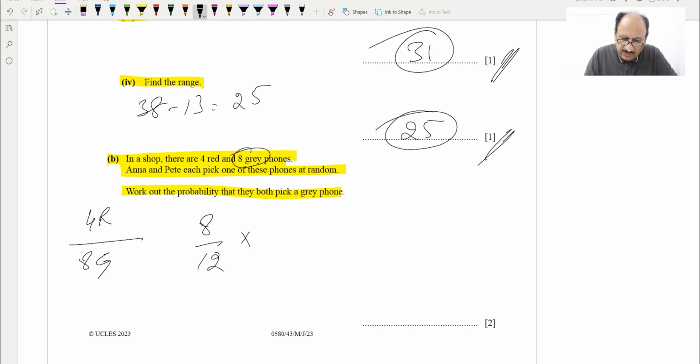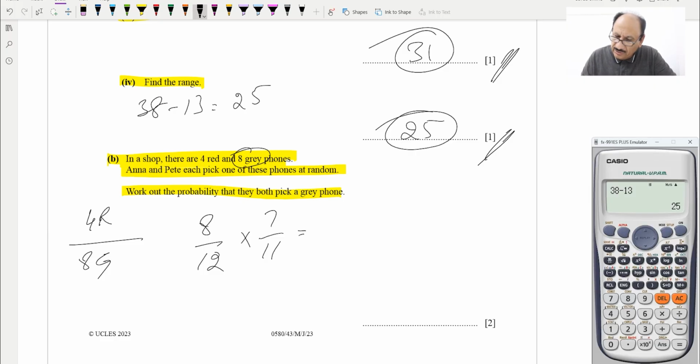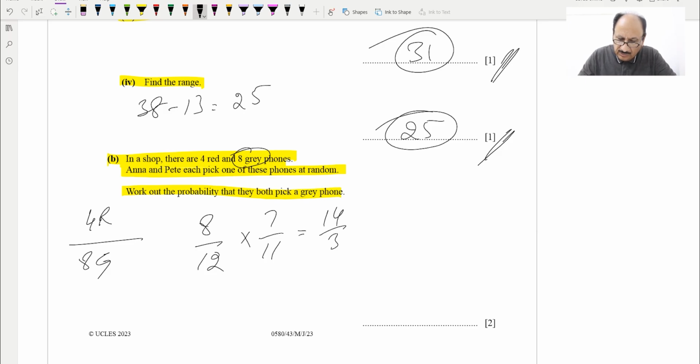For the second gray it will be 7 out of 11, because one is already taken. So it will be 8 times 7 over 12 times 11, and this will give us 14 over 33. This will be the probability for 2 marks.